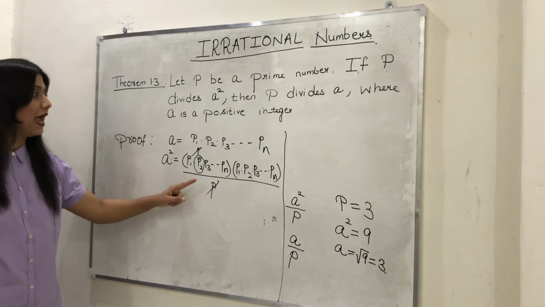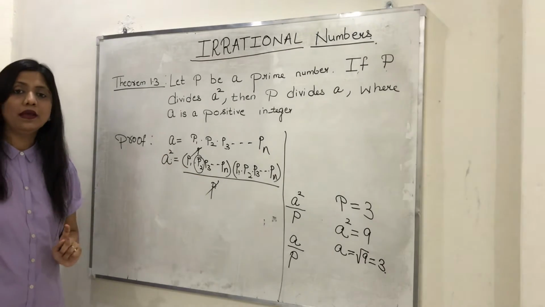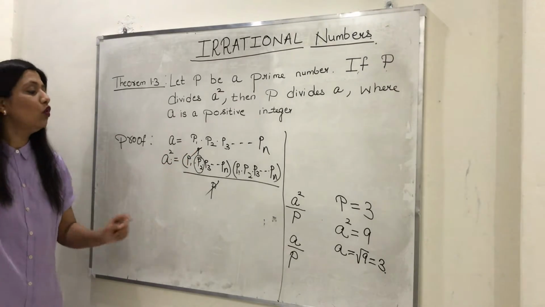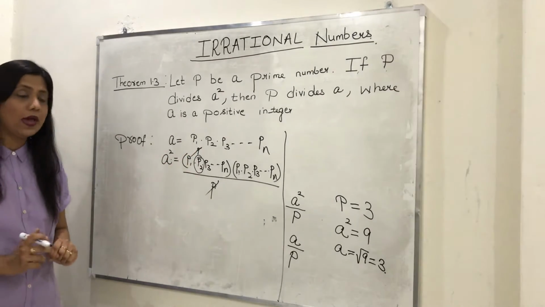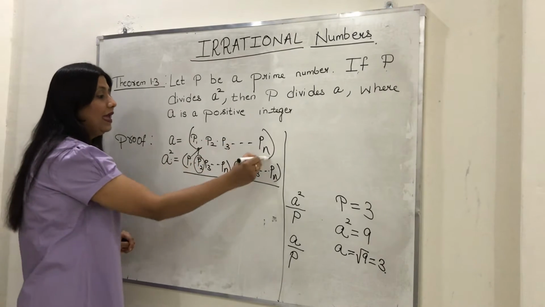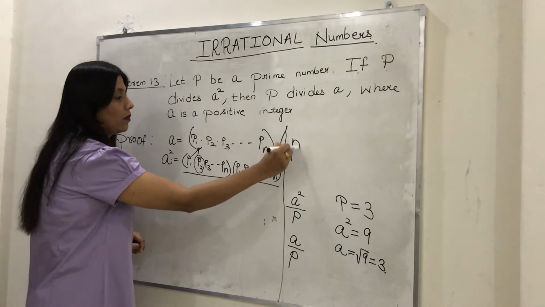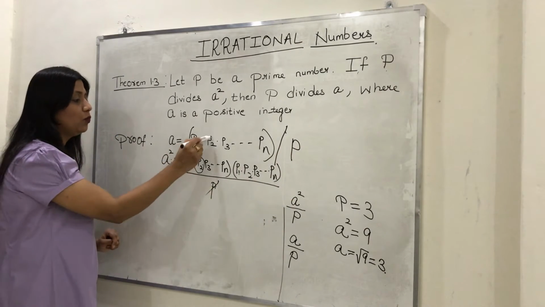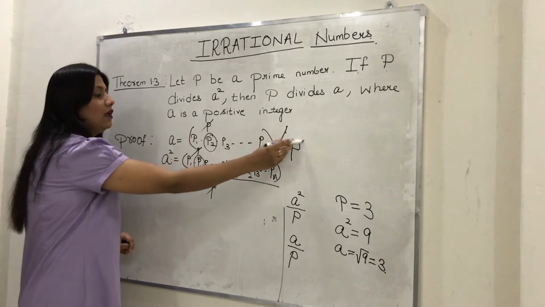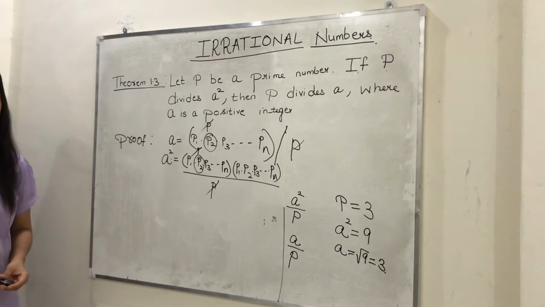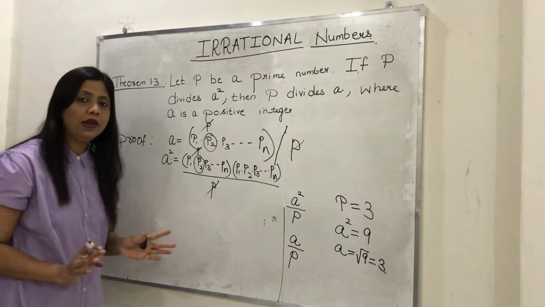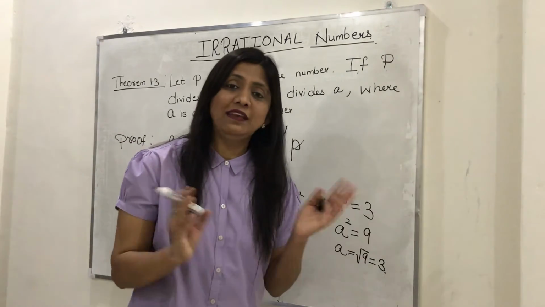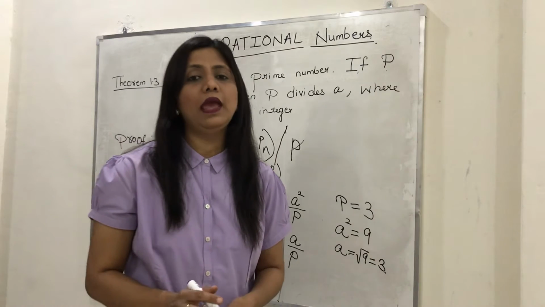Then only we can say that p divides a square completely, right? So suppose I say that p2 is p. So if p is dividing a square, p will also divide a, because suppose p2 is p, so this will cancel out. Fine. So you have to remember this theorem that if p is a prime number and if p divides a square, it will also divide a.